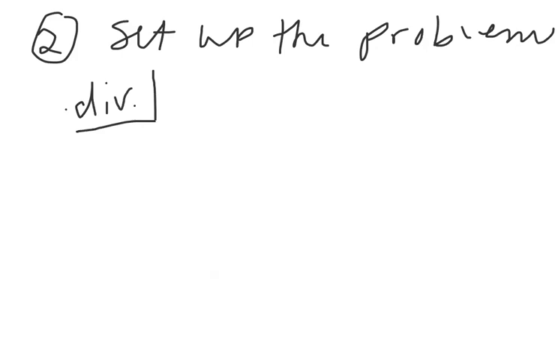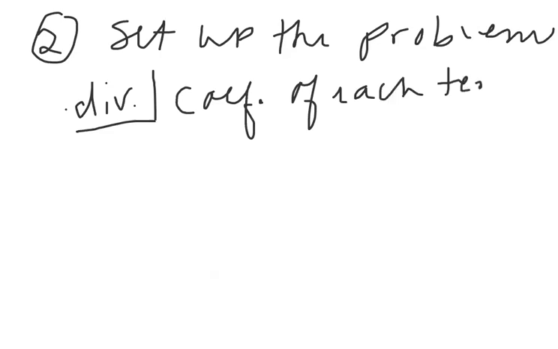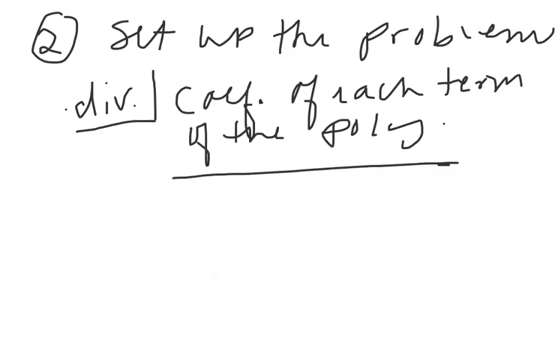So for this one right here, guys, I am going to go with this format right here. And then we're going to fill in the coefficients of each term of the polynomial. Then you're going to leave some blank space right here and draw a line. And then you're going to carry out your process.